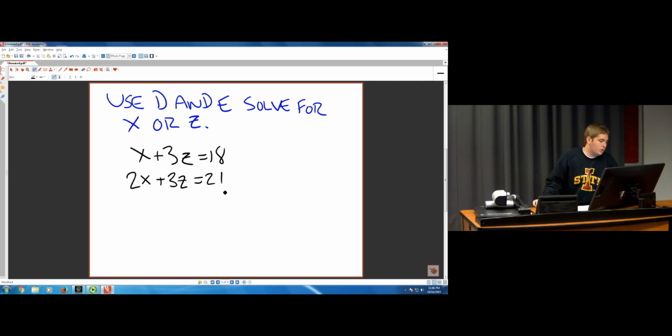You could use substitution or elimination here to solve for either x or z. I'm going to use elimination. What I want to do is multiply this equation by -1. This will get my z's to cancel out. So the equation we're going to be working with is -x minus 3z is equal to -21.